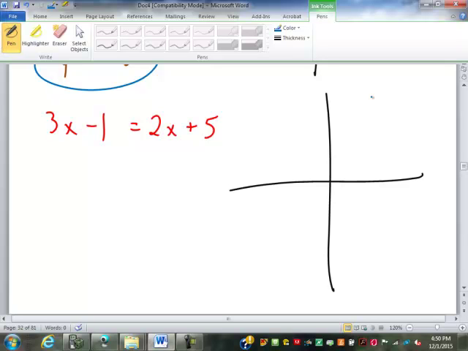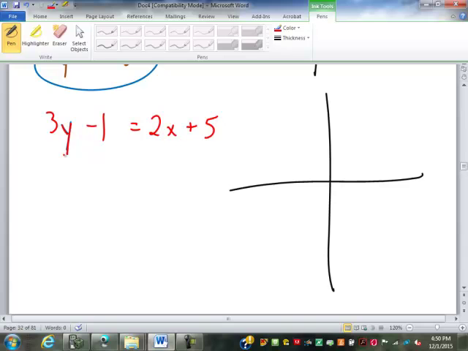Obviously, y is not by itself again, but we've got a little more work to do to get it by itself. Oops. I should probably put a y in there, shouldn't I? Yeah. How about that? Is that better? Okay, there, that should be better.